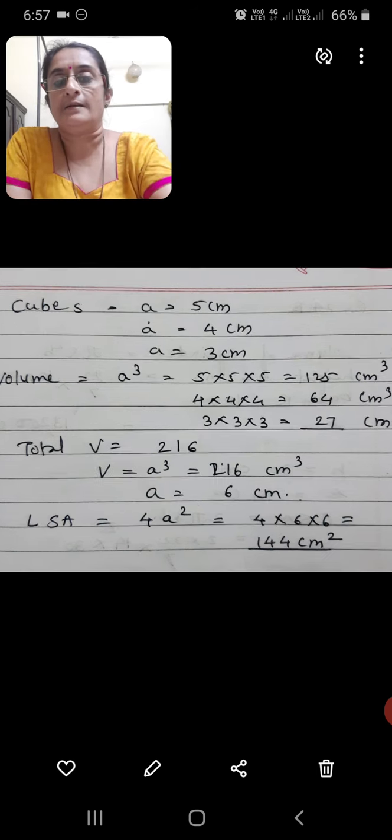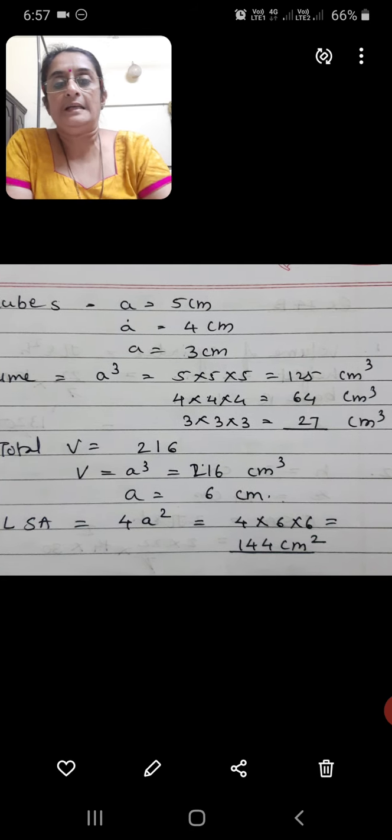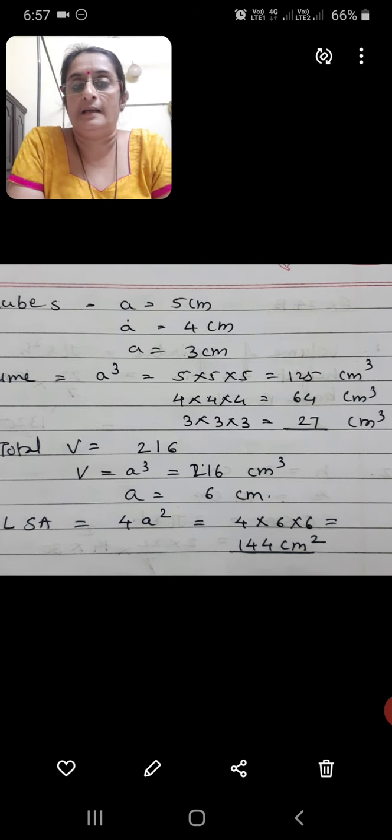So the first volume is 5 into 5 into 5, that is 125 centimeter cube. The second cube's volume is 64 centimeter cube, and the third cube, which is 3 centimeter, that volume is 27 centimeter cube. If you add all these 3, you will get total volume of 216.